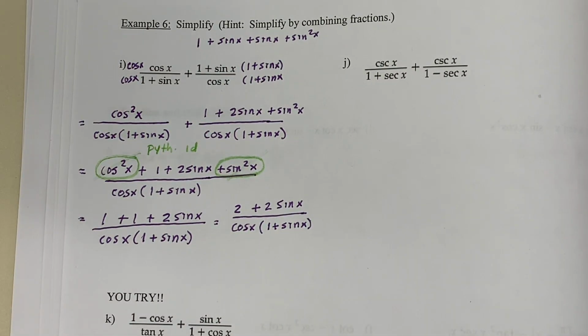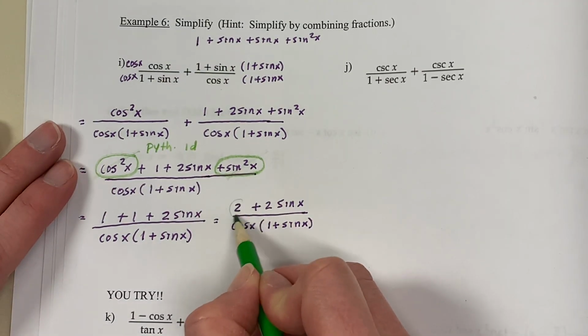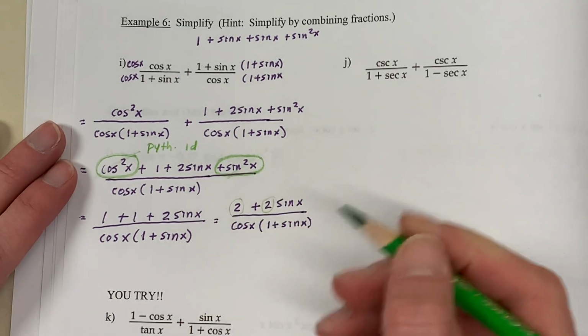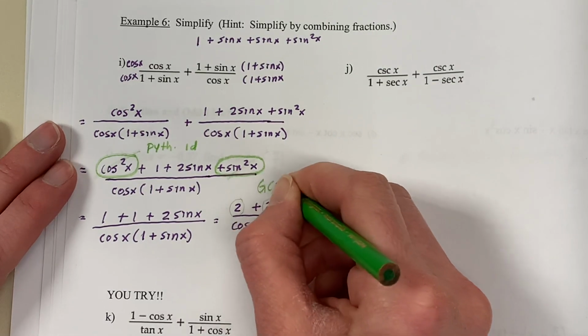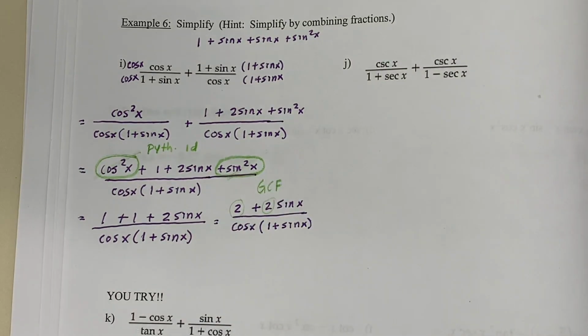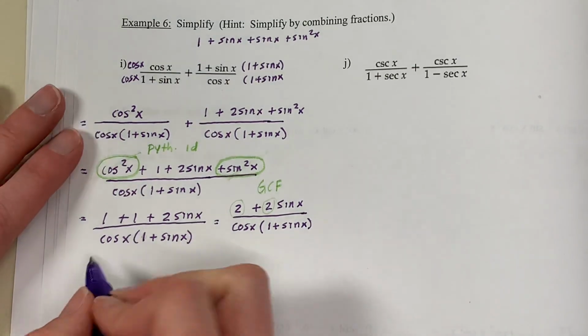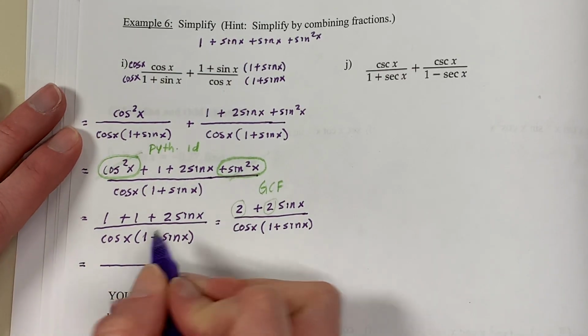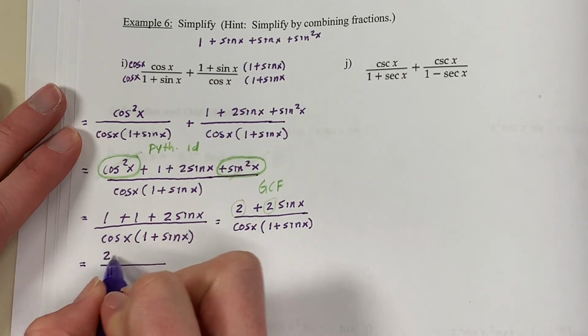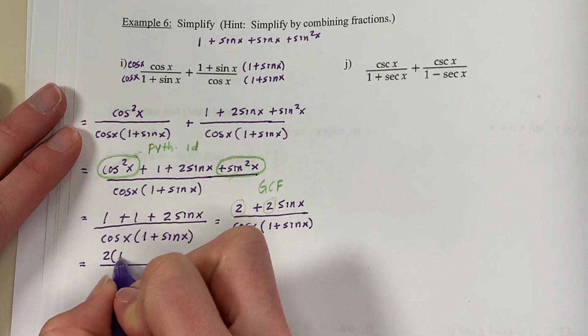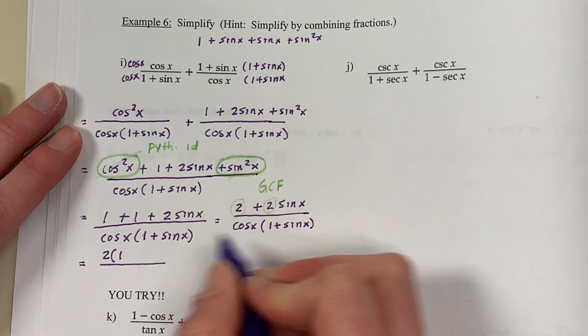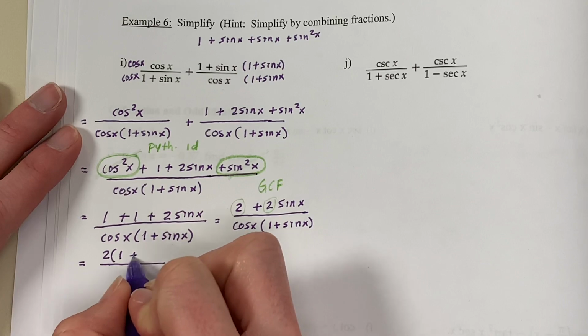Now, in my numerator, I have two terms. Both of them contain a 2. So I could use the 2 and factor out a greatest common factor. So in my numerator, if I factor out a 2, 2 divided by 2 is 1. 2 sine x divided by 2 is sine x.